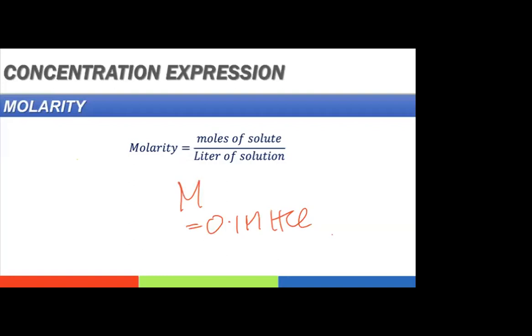Now, paano pag hindi binigay si number of moles? Ang binigay instead is weight of the solute. If moles is not directly given, mole is equal to weight of the substance divided by molecular weight. The unit of weight is gram. The unit of molecular weight is gram per mole.